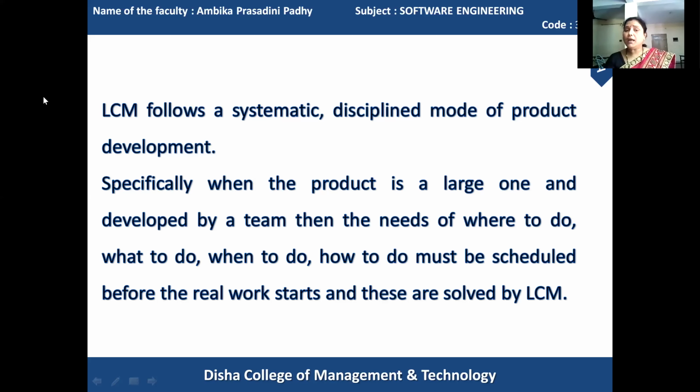We can make this point more clear by taking one example: how a team of members highly requires a life cycle model to use. When a team of members is developing a particular product, they must first have good coordination among them. They should have good communication strategies.